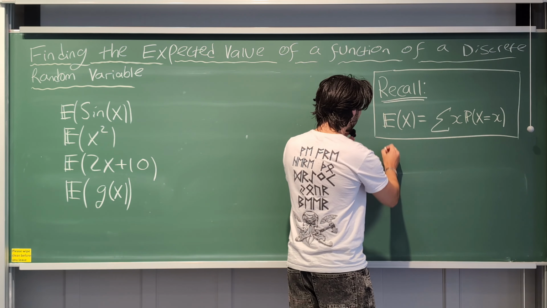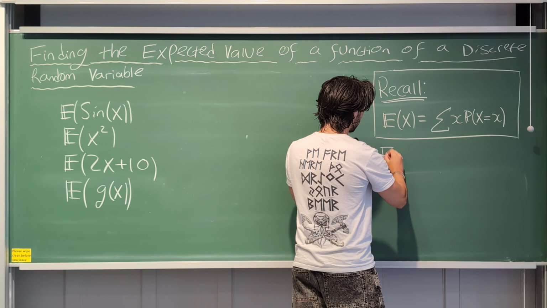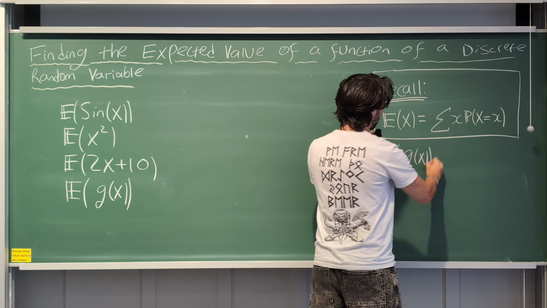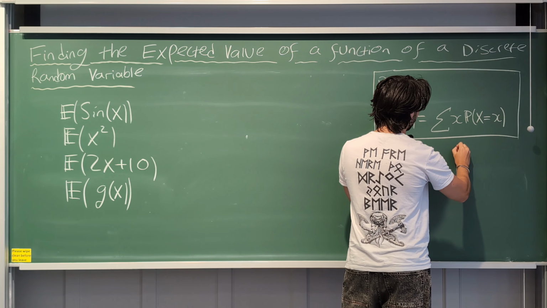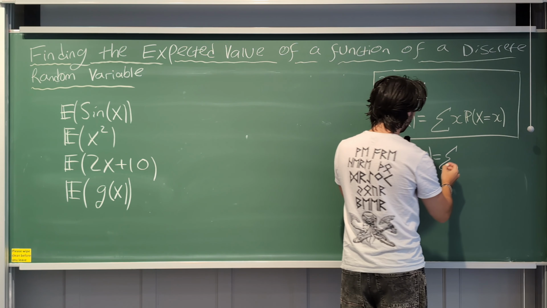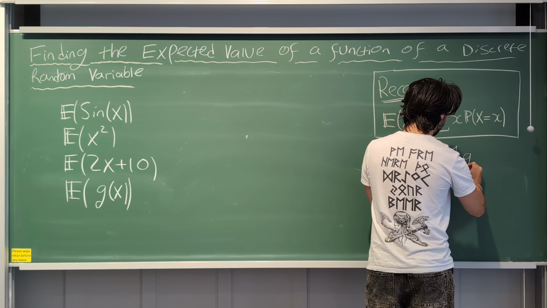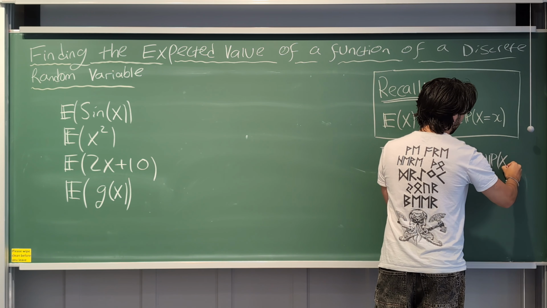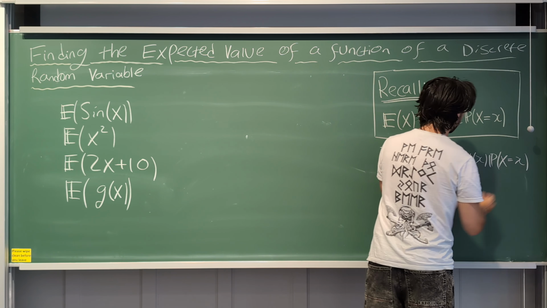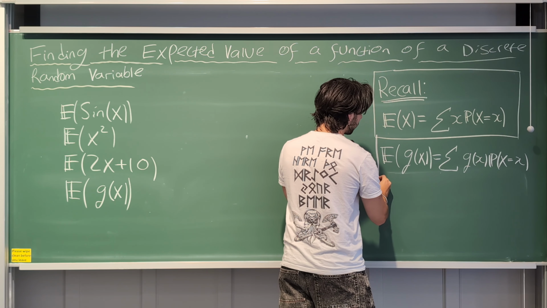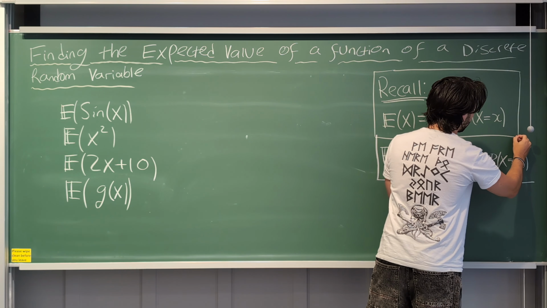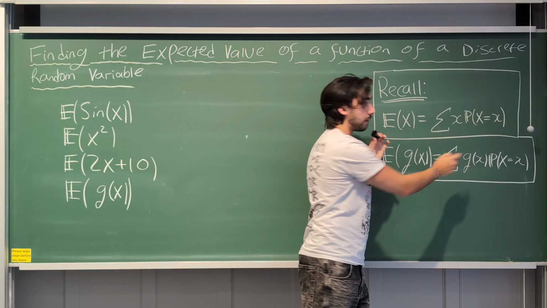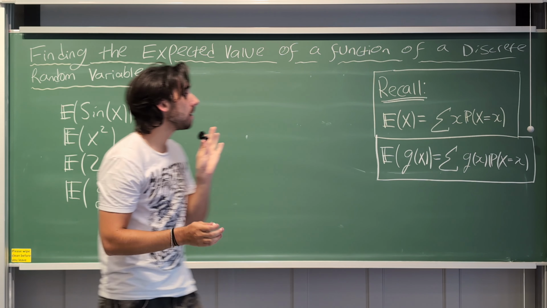The expected value of g of X is just the sum over all x of g of x times the probability that X equals little x again. That's literally it. All we've done in this formula is replace the x on its own with g of x. That's all there is to it.